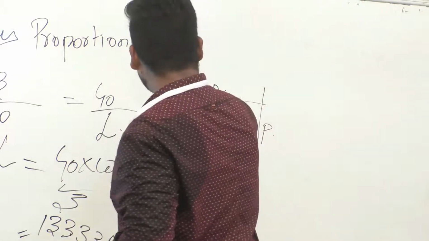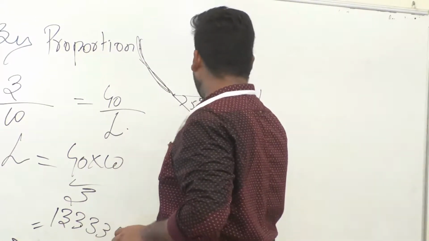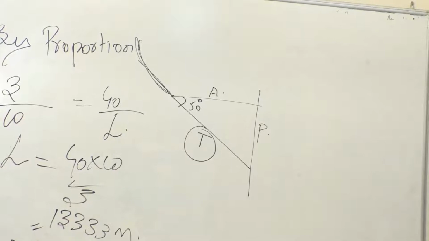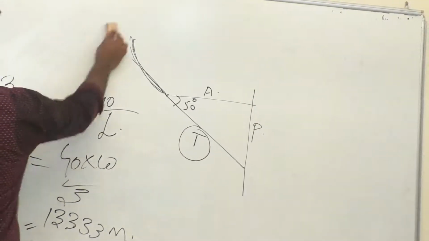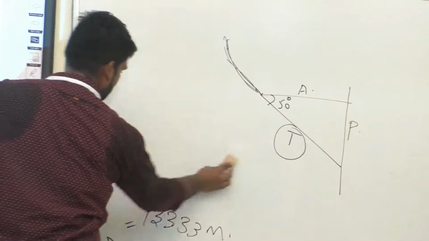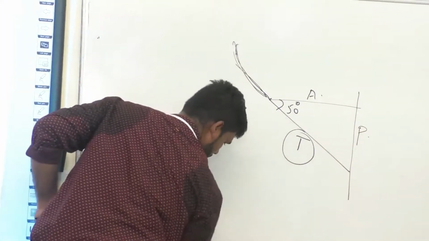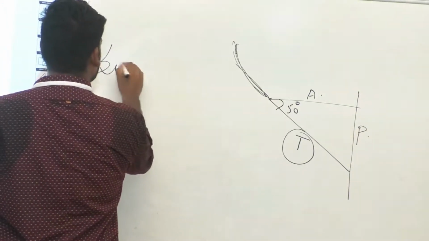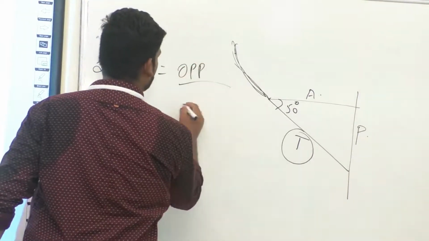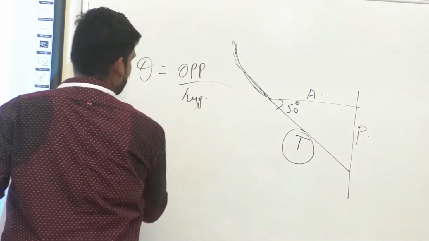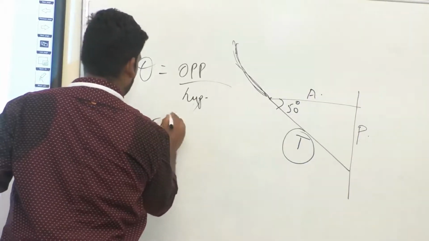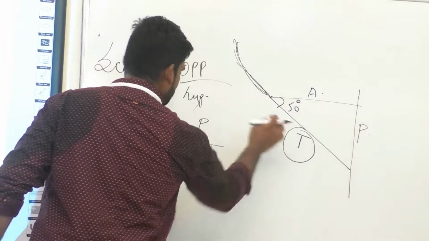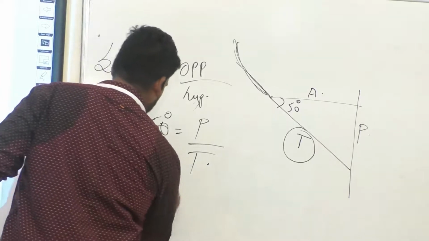So what is sine theta? Sine theta is equal to opposite by hypotenuse. So sine 50 is equal to P divided by T. I want this T. So T is equal to P divided by sine 50.